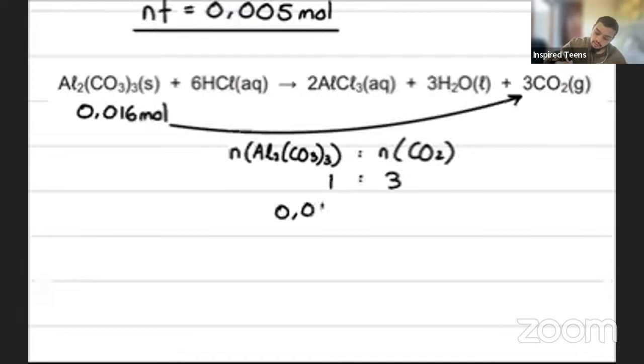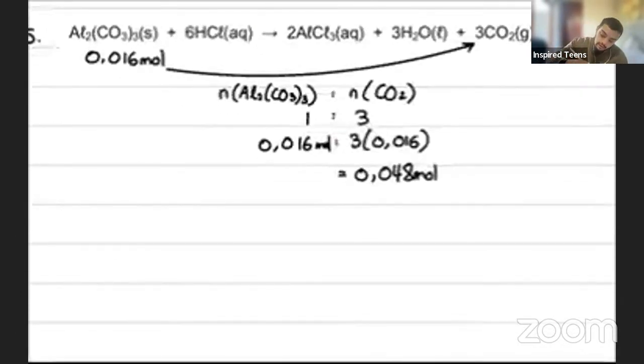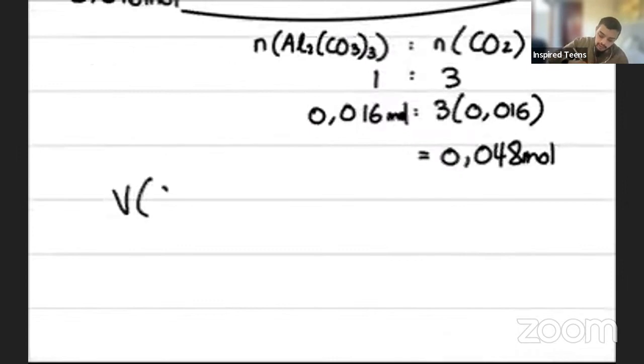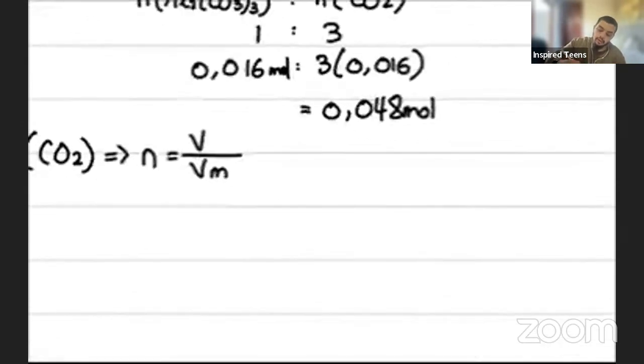Therefore, if this is 0.016 moles, we multiply that by 3, and this has 0.048 moles. So the moles of carbon dioxide is 0.048. Now we want to calculate the volume. They want to know the maximum volume of CO2 that can be produced, so we're going to use the molar volume formula because they've given us the molar volume at that given temperature.